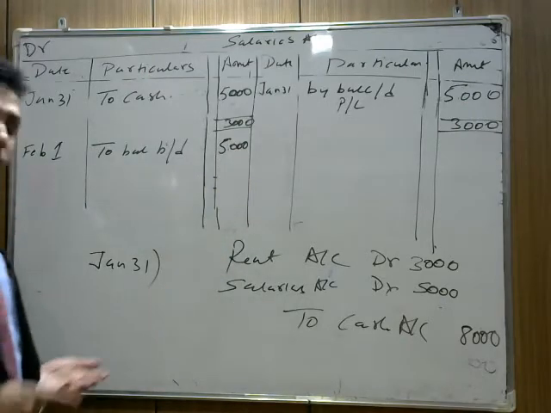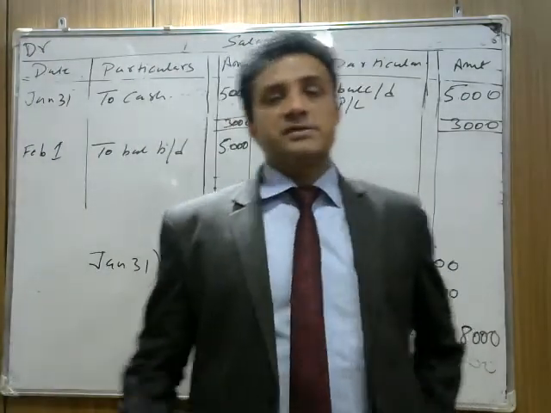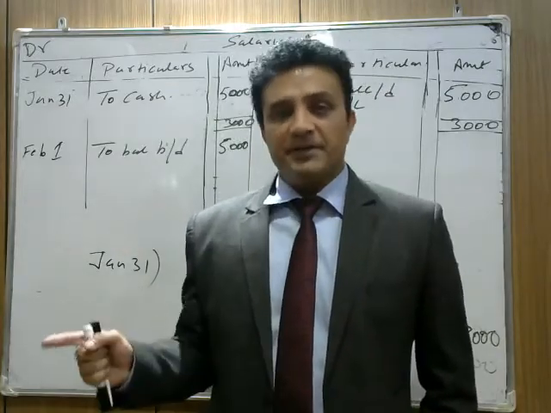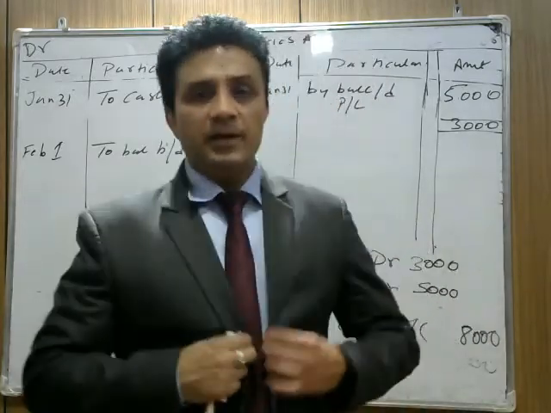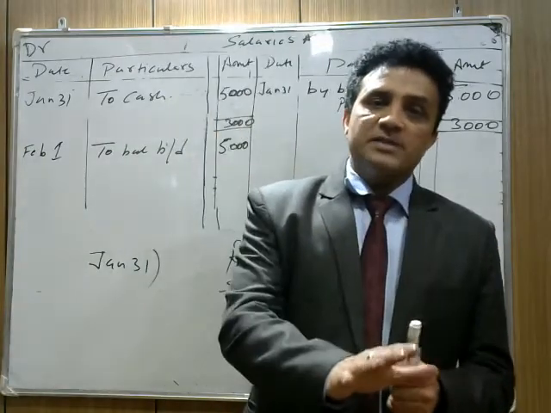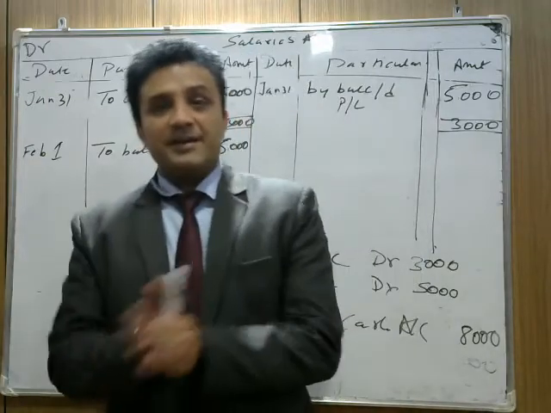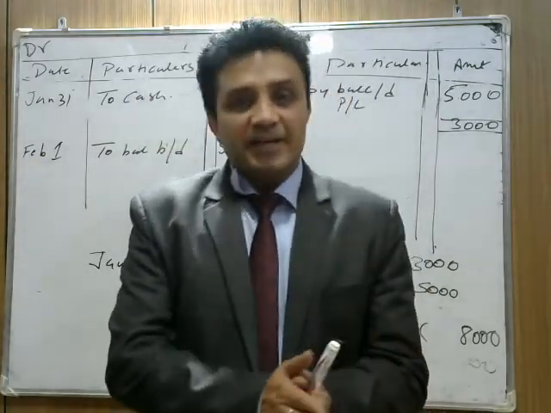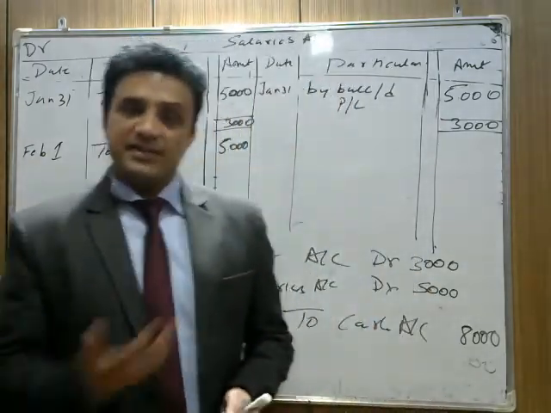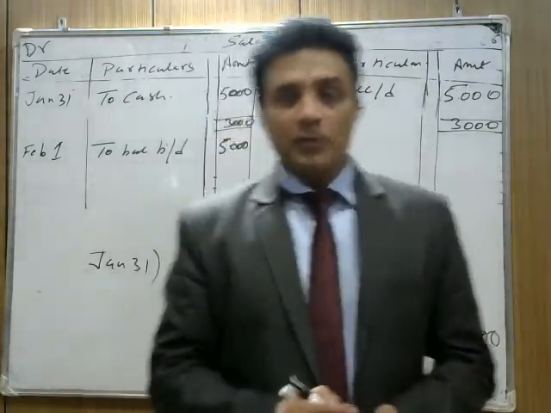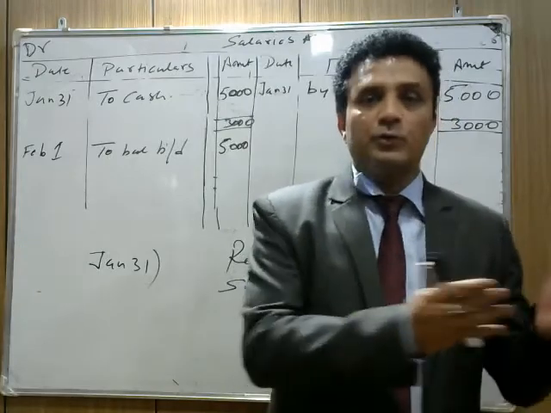Now you know that both salaries and rent are the expenses. And I told you all expenses are debited. हमने जो accountancy का rule पढ़ा है वो simple कहता है all expenses are debited, all incomes are credited, all purchases are debited, all sales are credited, all debtors are assets, they are debited, all liabilities are credited. While the capital balance is zero, all capitals are credited because we have to utilize in business.